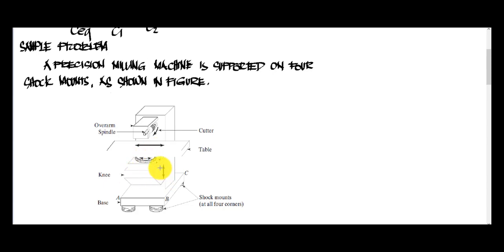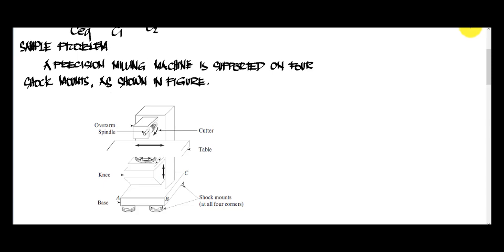Then you have here the support for the table, so that you can also adjust the Y direction or the elevation of the table. Then you have the support base here, which they are all mounted on. Then we have here under are the shock mounts for all the corners of our milling machine.